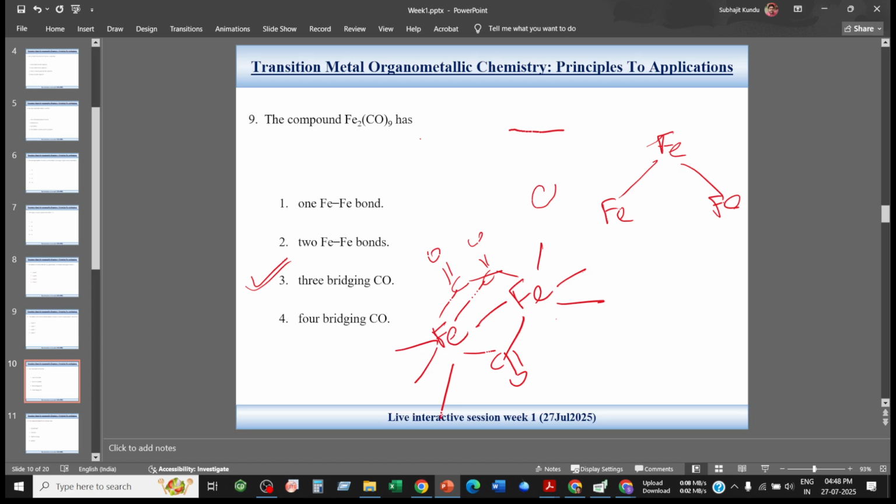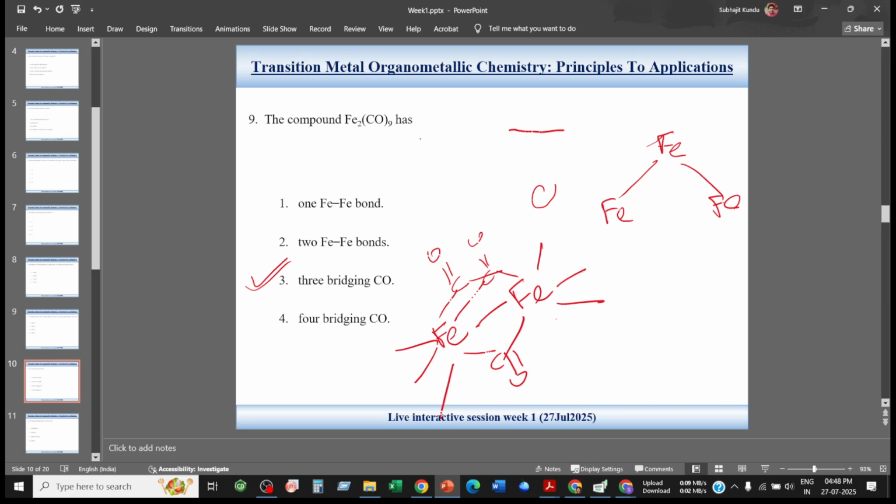But if they are arranged in some orientation, where two are one kind and another carbonyl is another kind, then even for the bridging you will get two peaks. So that depends on the symmetry and the equivalence of the carbonyl groups.